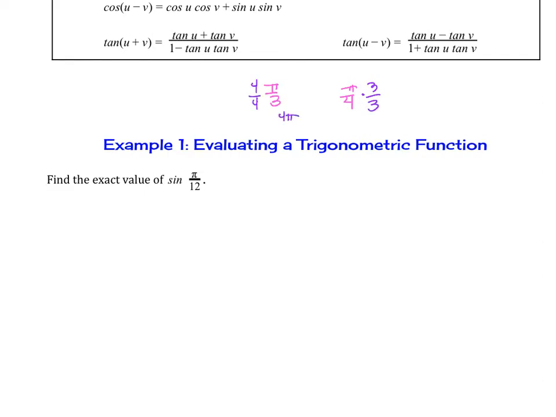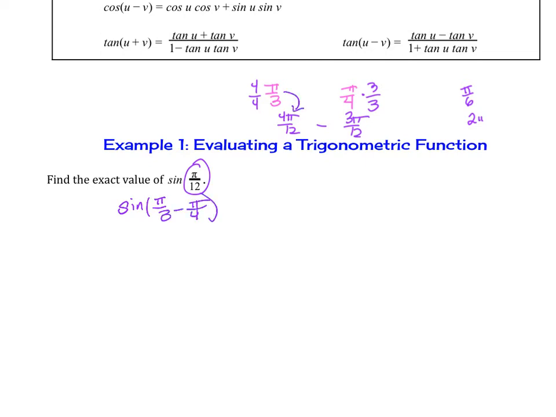So this is 4 pi over 12 and 3 pi over 12. And so that's helpful because I know if I have 4 and 3, I can make a pi over 12, right? I just have to subtract them. So what I can write is sine of pi over 3 minus pi over 4.